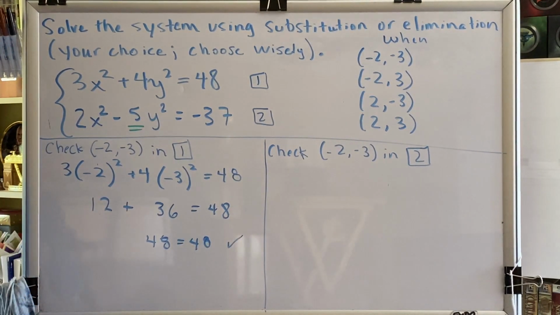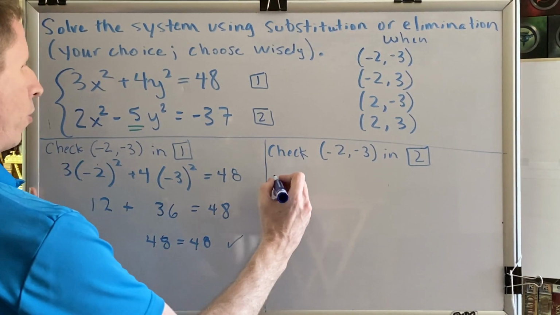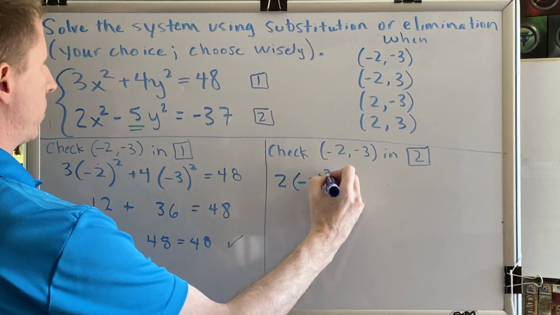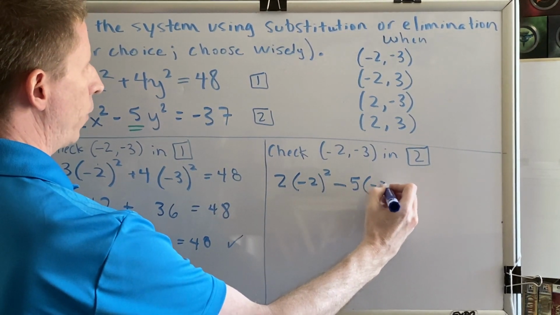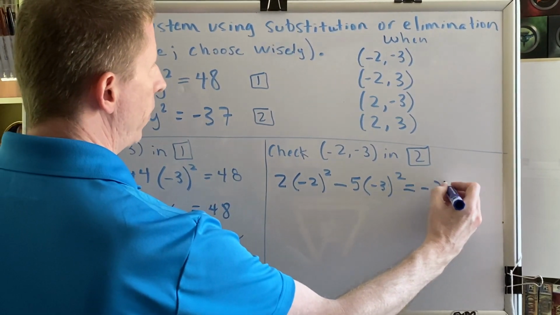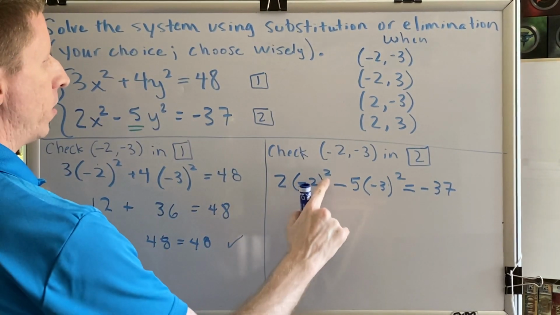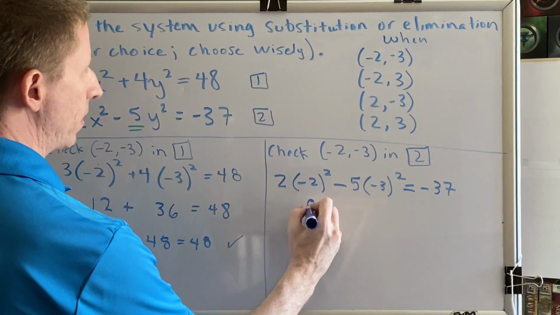That checks. Okay, let's now check our point in equation 2 using the same approach. 2 times (-2) squared minus 5 times (-3) squared equals -37. Order of operations says exponents are first. (-2) squared is 4, then times 2 makes 8.